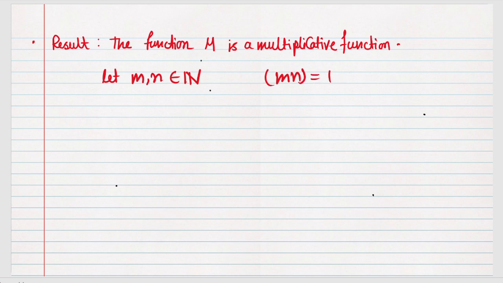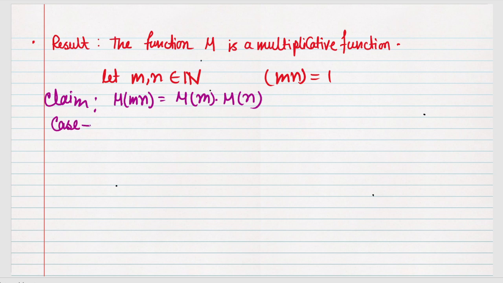Since we have to prove that mu is a multiplicative function, our claim is that mu of mn can be written as the product of mu of m and mu of n. We prove it by cases.